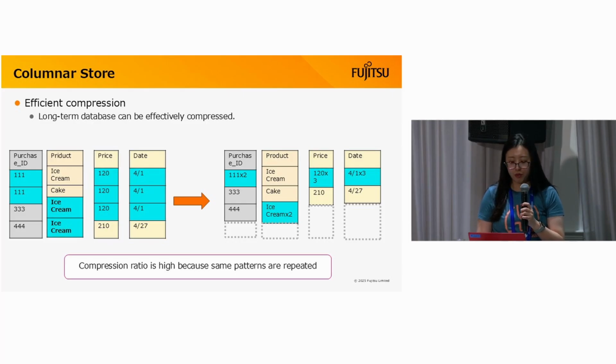For example, dictionary compression has a dictionary for each column. As in this picture, the same product names tend to appear in the columnar store. Columnar store compression is more efficient than row-wise data because a column often contains the same words or numbers.